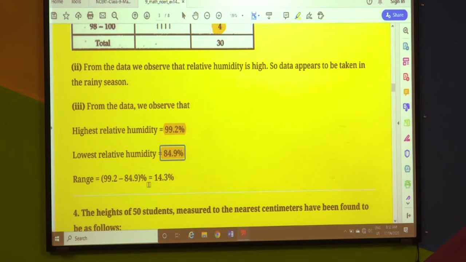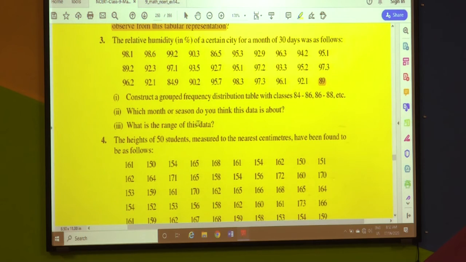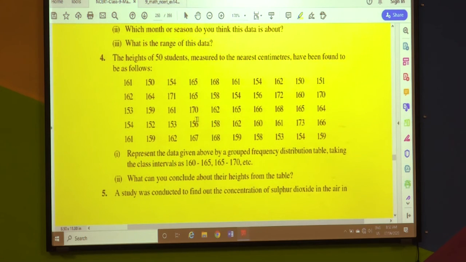That is the range. I hope you have understood this, and we shall switch to the textbook to study the next question.